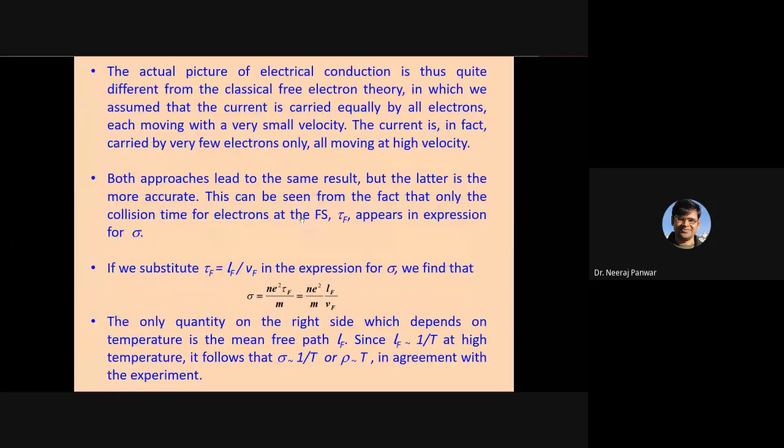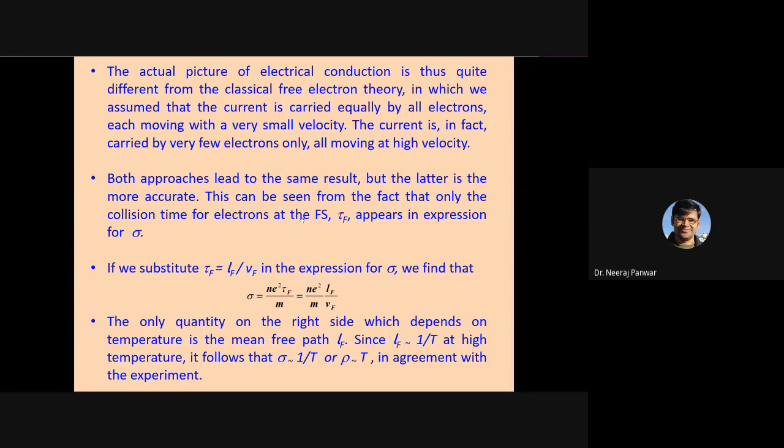So the actual picture of electrical conduction is thus quite different from the classical free electron theory, in which we assumed that the thermal current is carried equally by all electrons. According to the classical theory or the Drude theory, when we raise the temperature of the metal, all the electrons are assumed to absorb this energy.